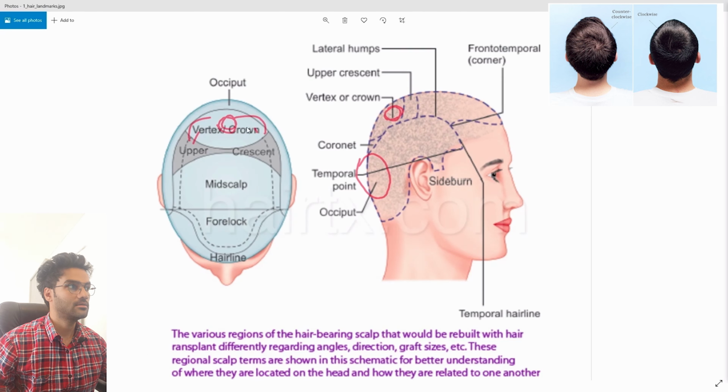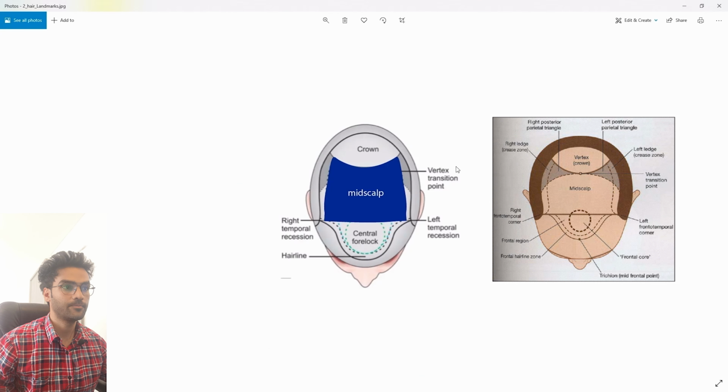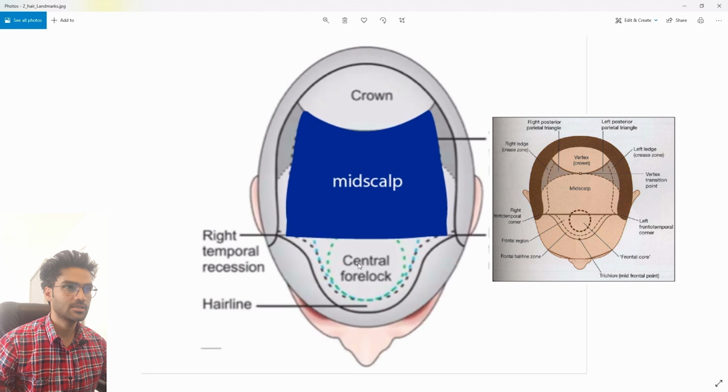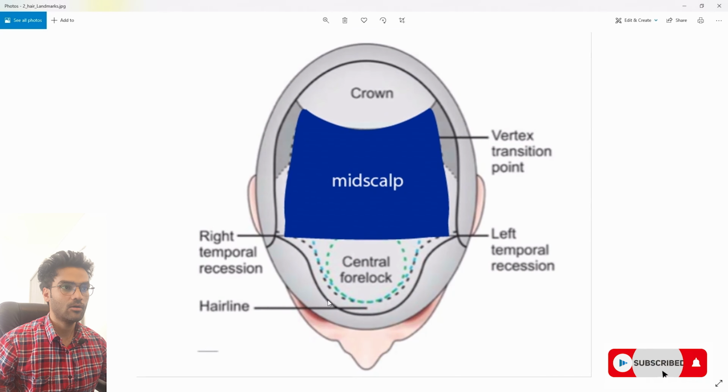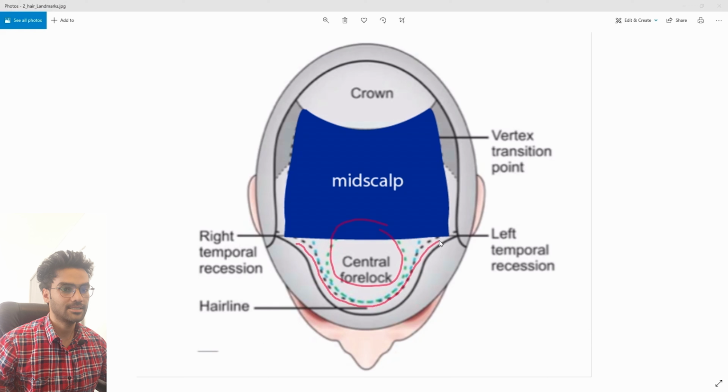So let's move to another image. Here you can see it is quite similar, but from the top we have these separated areas. This is our frontal hairline, and then we have another hairline here. As we move from this zone deeper into the middle part toward the crown area, the hair density increases.